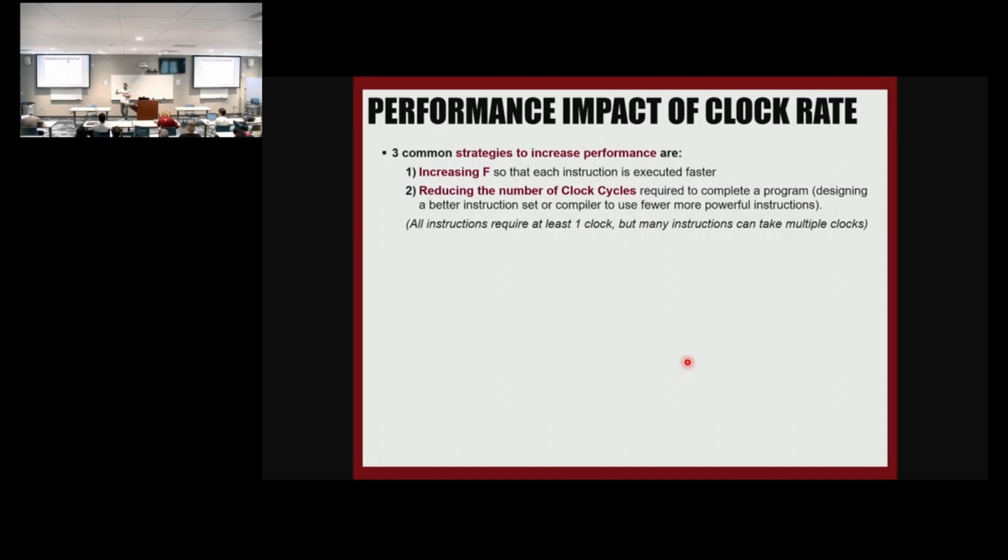But if you spend some area on the chip and design a multiplier that can finish a task in 1 clock cycle, which is possible these days, you can design multipliers that are very fast. Then instead of having 40 clock cycles to do one multiplication, you can just use 1 clock cycle to do one multiplication. Here you don't increase the clock frequency, you just redesign your instruction set architecture.